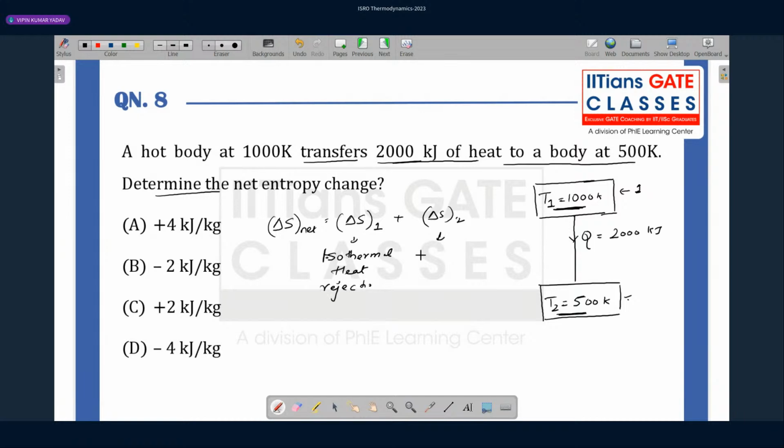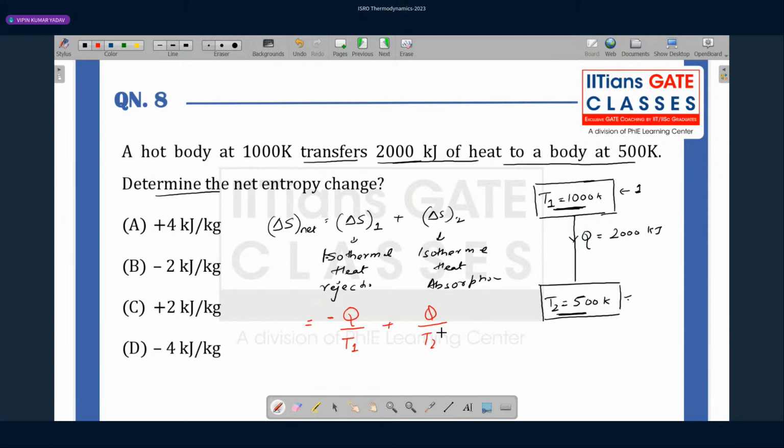And for this body, it is isothermal heat absorption. Okay. So now you should know how to calculate entropy when the temperature remains constant. So it is Q by T1. But Q is negative because heat is rejected, plus Q by T2.